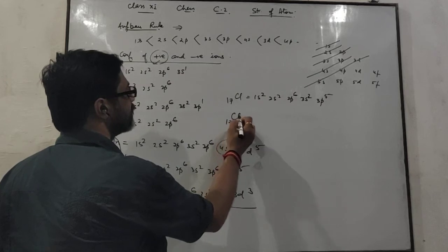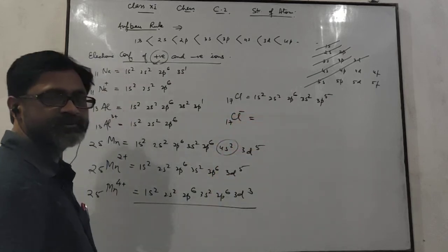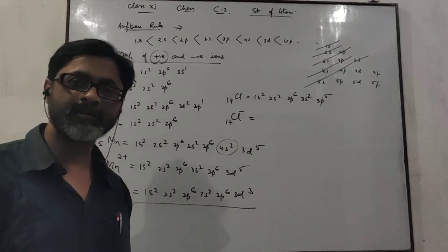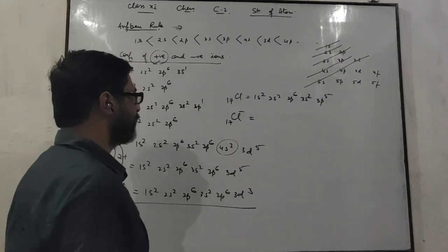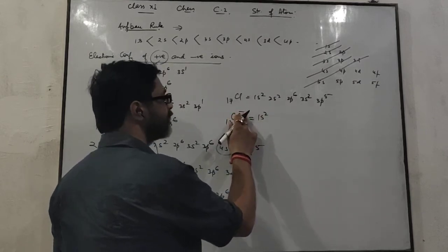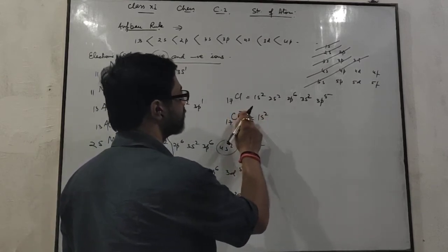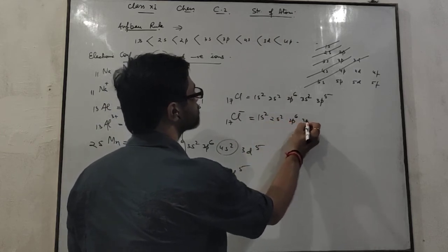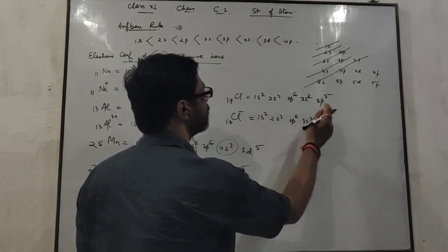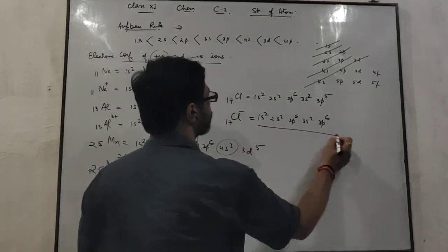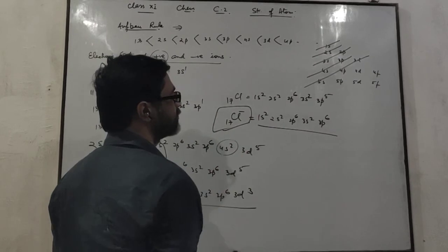If it carries one negative charge, we add one more electron in the outermost shell. One electron is added because one negative charge is present. So 2s2, 2p6, 3s2, and 3p5 becomes 3p6. This is the configuration of 17Cl minus.